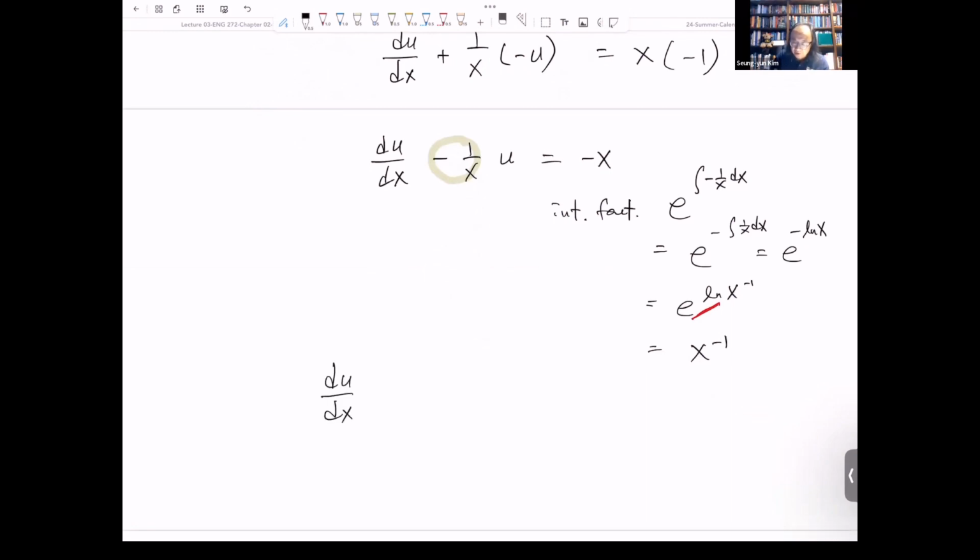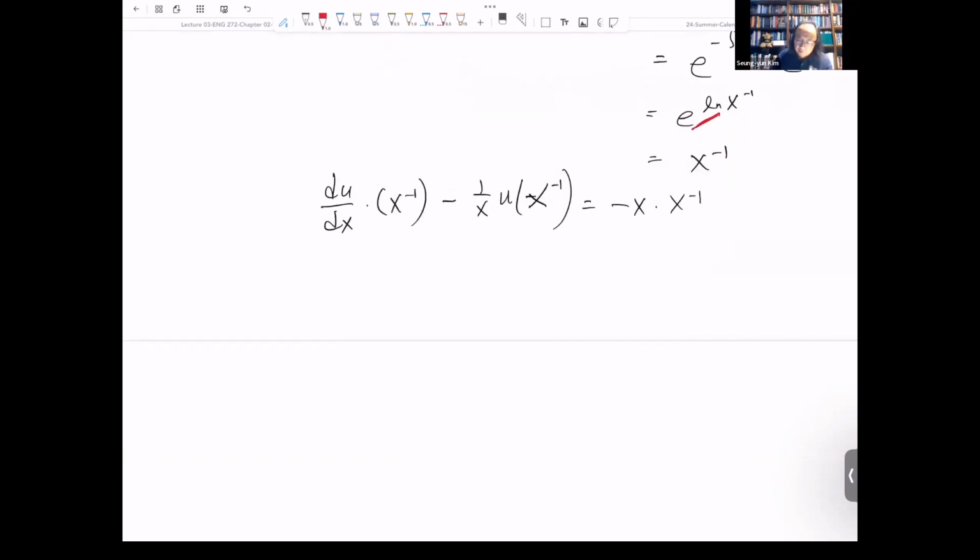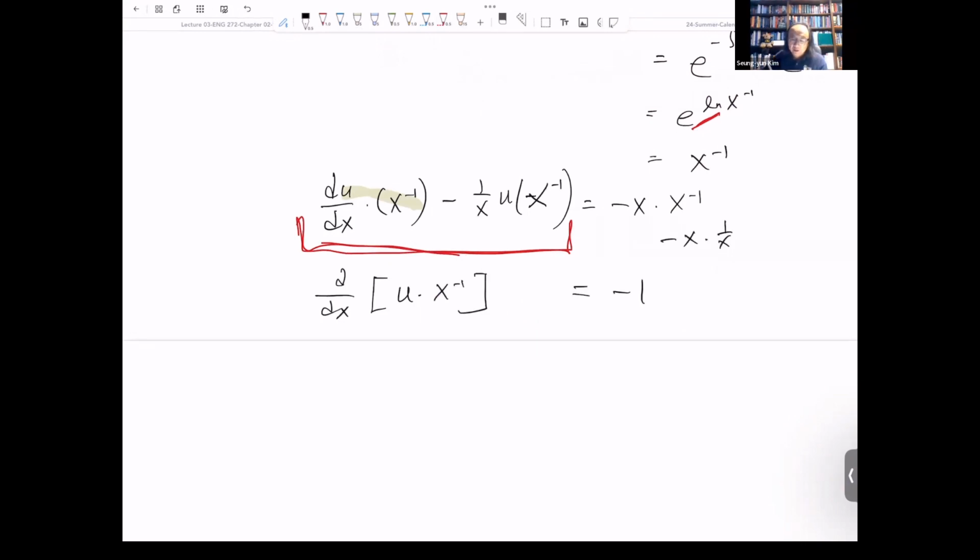So d over dx of u times x to the negative 1 equals negative x to the negative 1 times x, which is negative 1 over x times x. Now we take the integral of both sides. Then we have u x to the negative 1 equals negative x plus c.